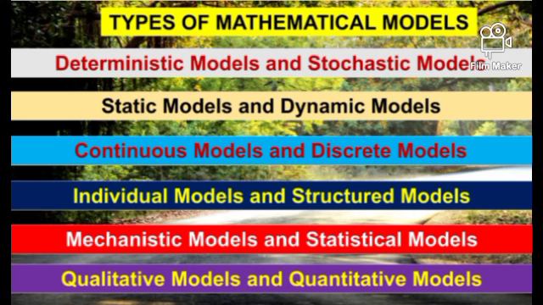Thus, static models are characterized by constancy or a condition known as steady state, where every variable remains constant. While in dynamic model, time is an element, like in many of the forecasting models.